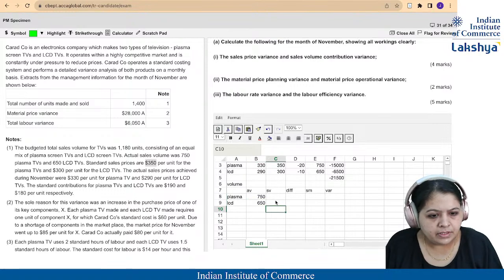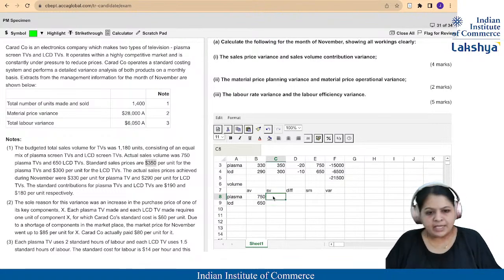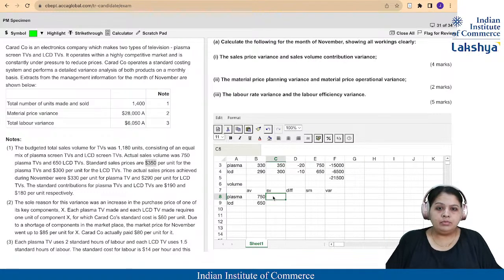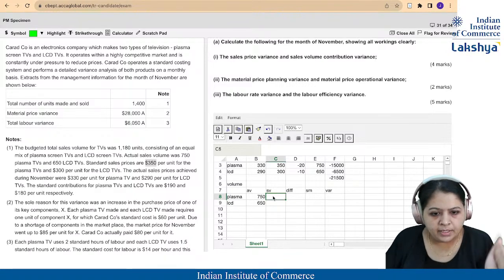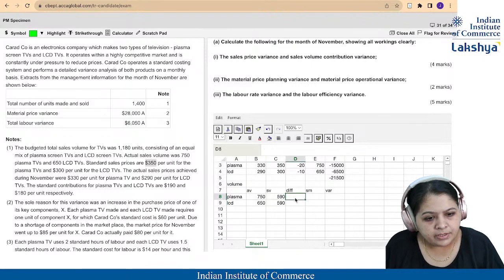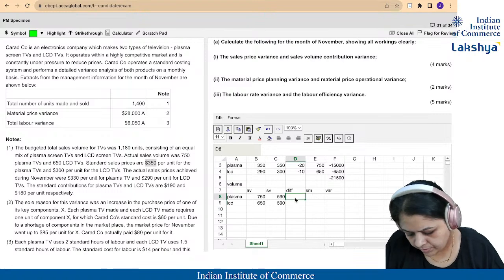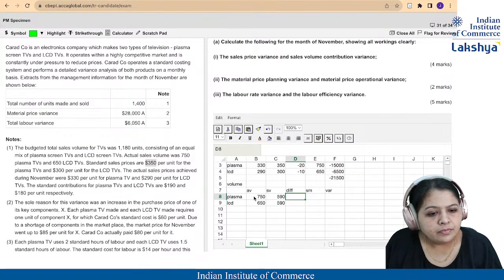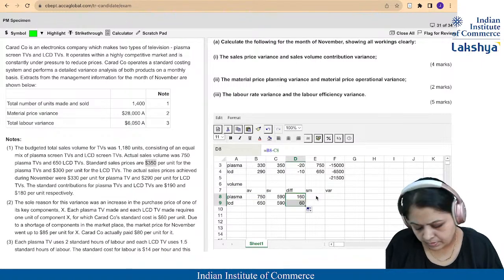The company expected to sell an equal quantity of both products, so 1180 units divided by 2, which comes to 590. The formula is 750 minus 590, and I drag this formula down.